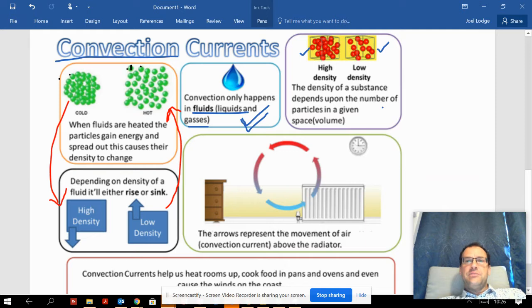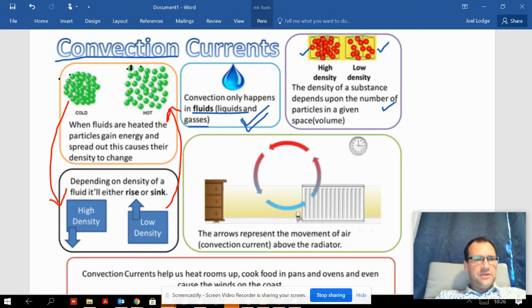And this is a really important note and helps us understand how a particular bit of air might interact with other air, a low density bit of air and a high density bit of air. This is really important in understanding weather systems as well, but we'll cover this theory here. So now we look at these two diagrams. We know what low density is, we know what high density is.